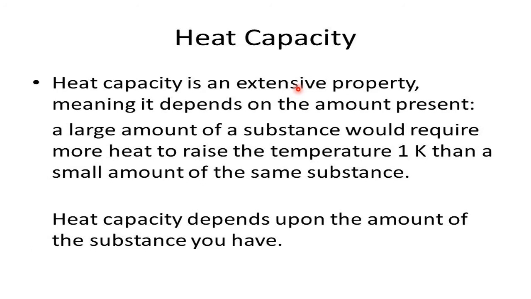Now I want to increase the temperature of the 1 kilogram and 10 kilogram iron by 1 degree centigrade. Do I require the same heat? No. That means heat capacity depends upon the amount. So to increase the temperature of 10 kilogram of iron, I require more heat. Therefore, it is an extensive property.